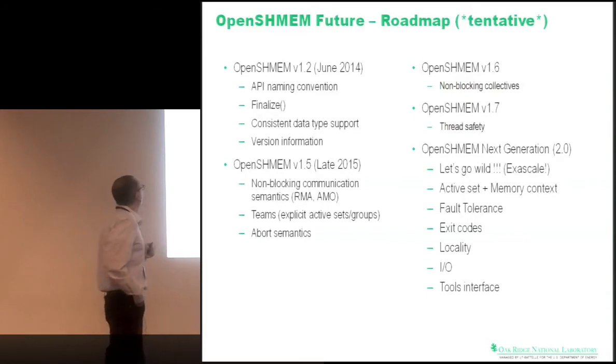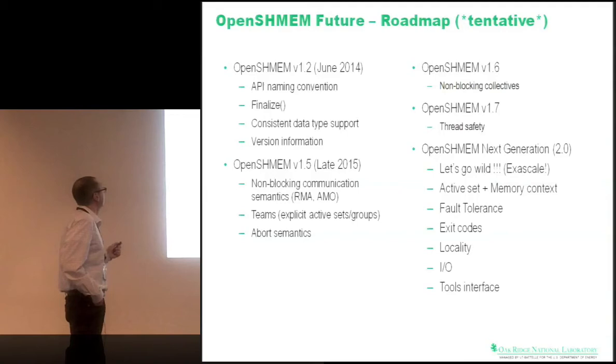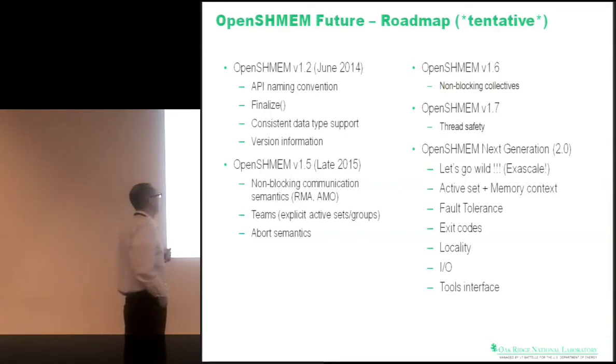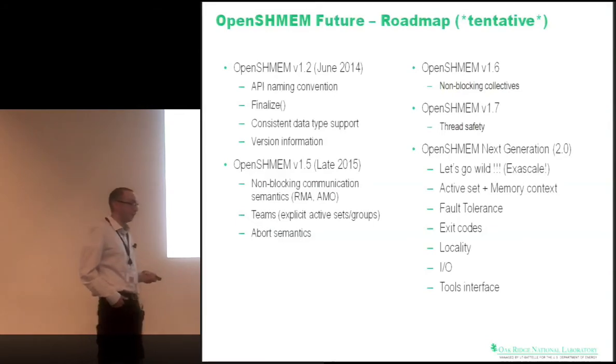First of all, we want to fix the namespace, introduce a finalize function, consistent data type support, version information. These are relatively minor changes. We plan to release it relatively soon because it's easy to do.